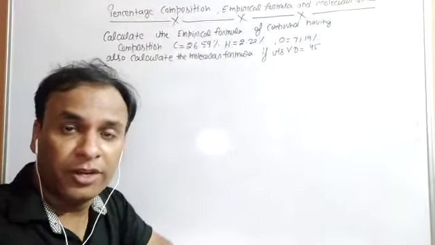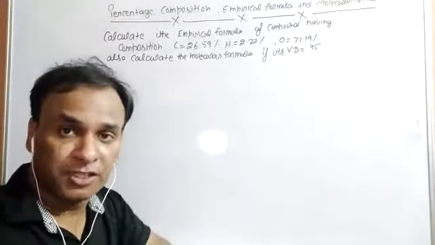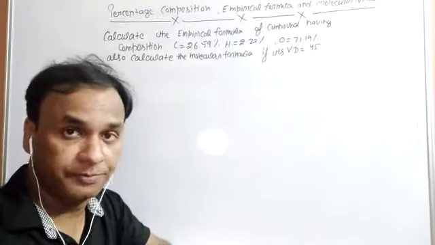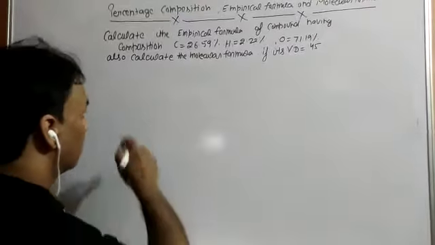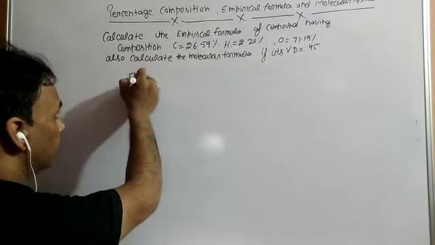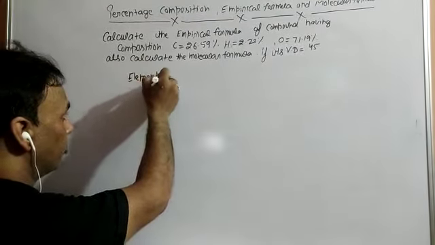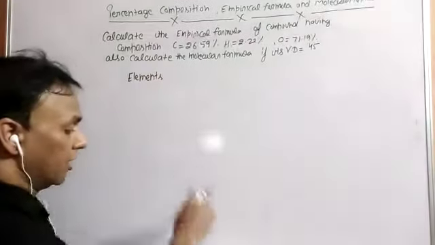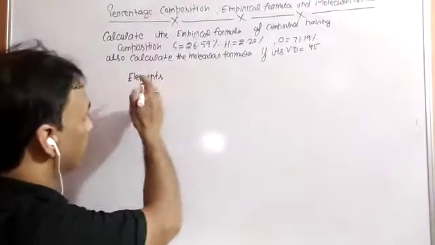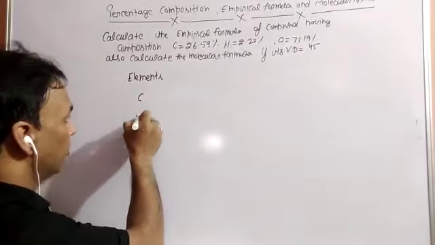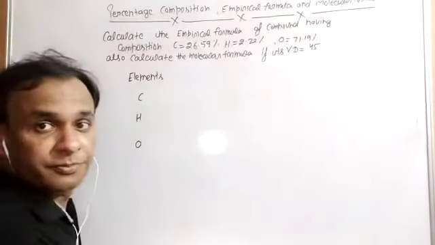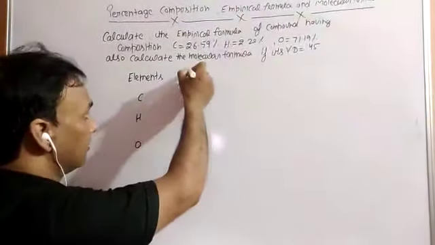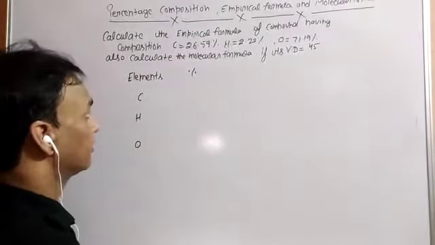In order to calculate the empirical formula, firstly you have to prepare the table. In the first column you have to put the elements. Here the elements are carbon, hydrogen and oxygen.